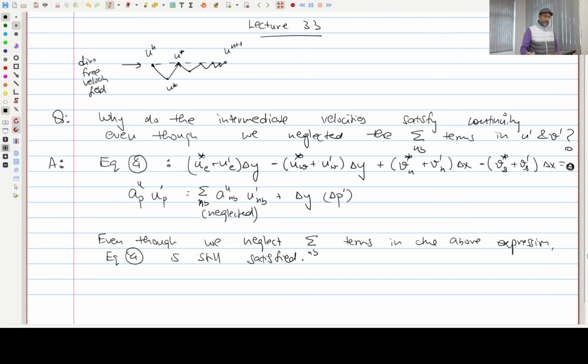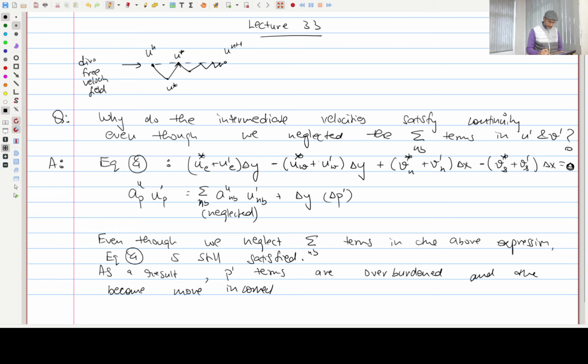So they take the burden to overcompensate and they become more incorrect. Well, more incorrect than what? More incorrect than what they should have been.